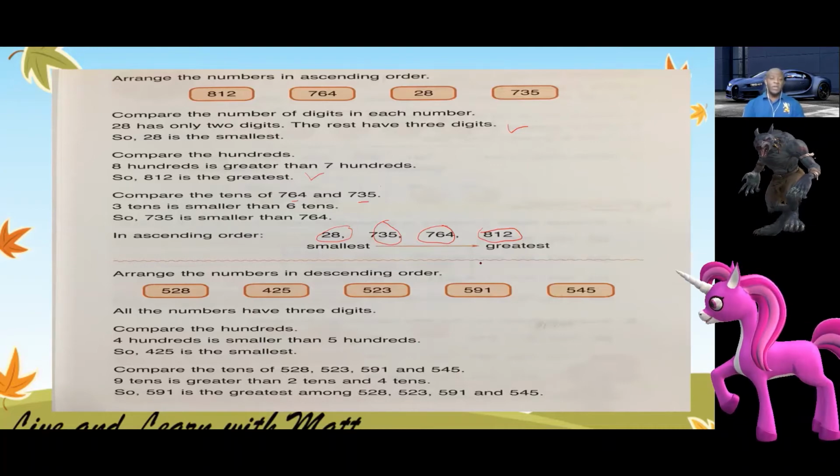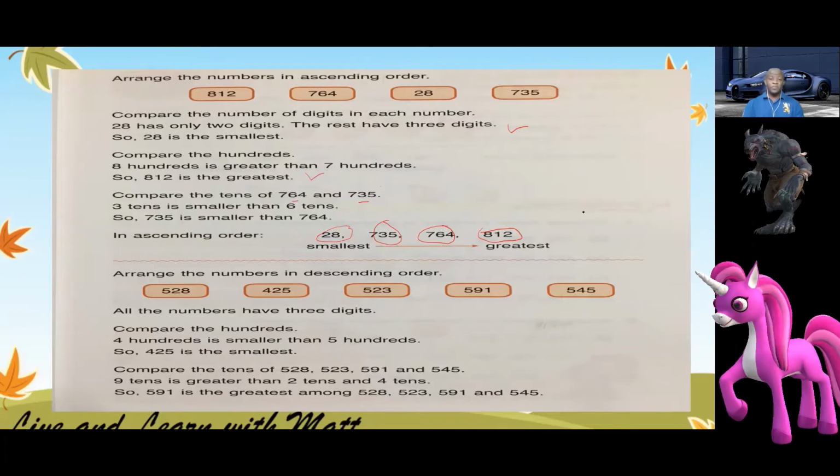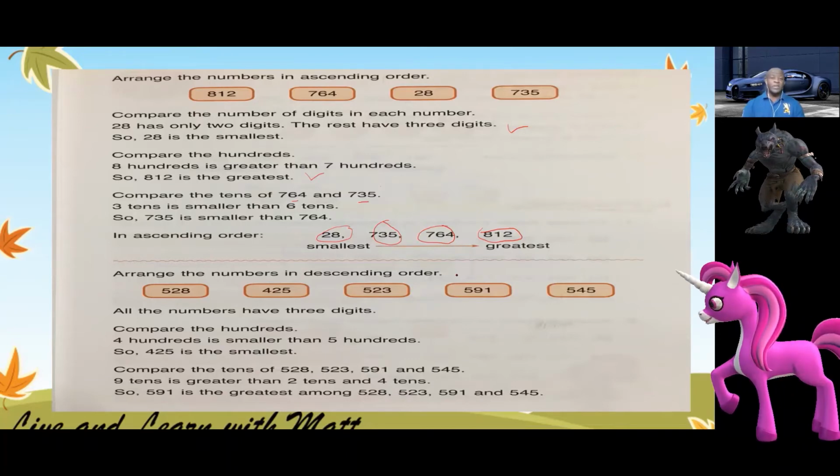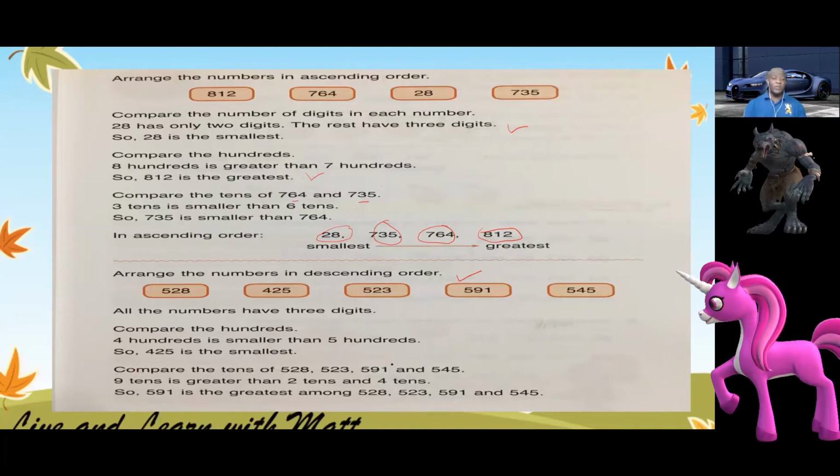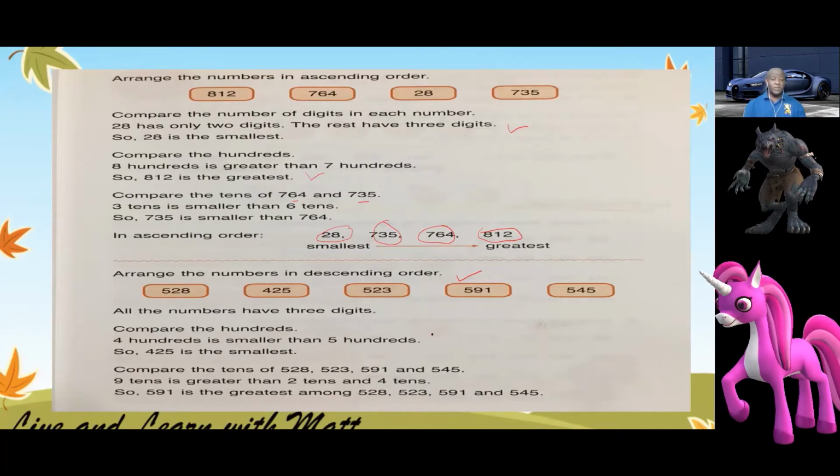Now let's consider the next numbers. Arrange the numbers in descending order. All the numbers have 3 digits.